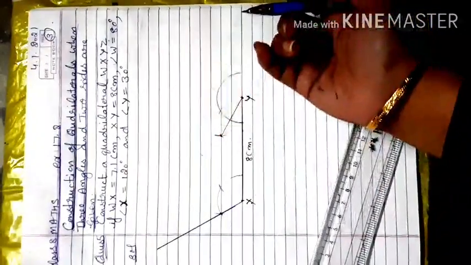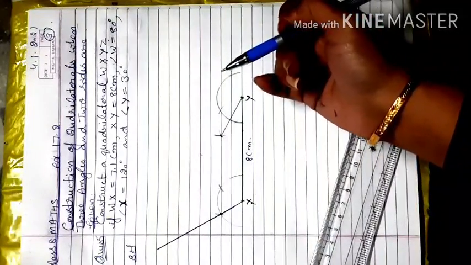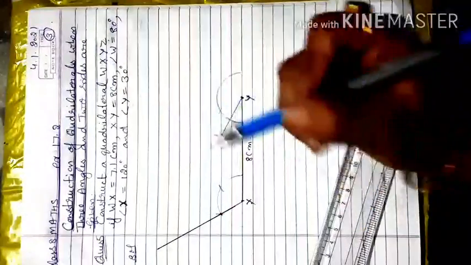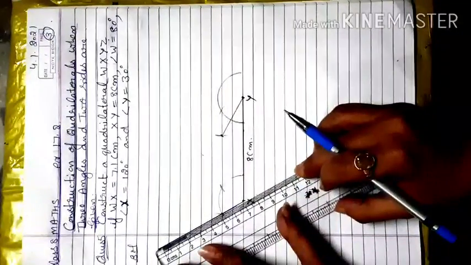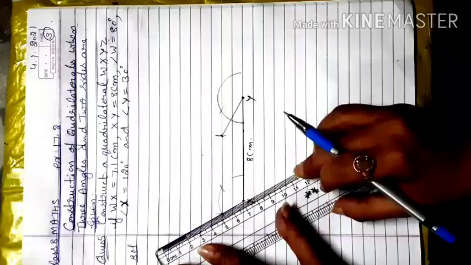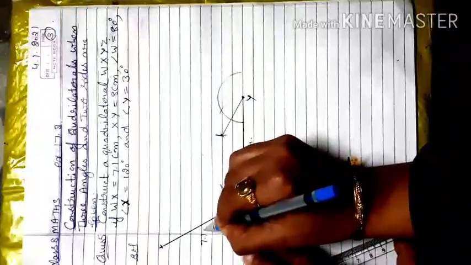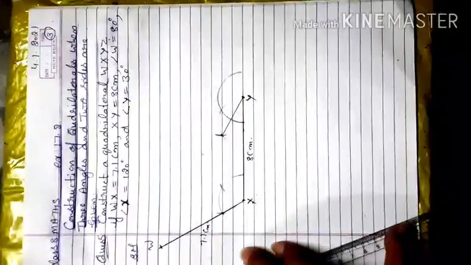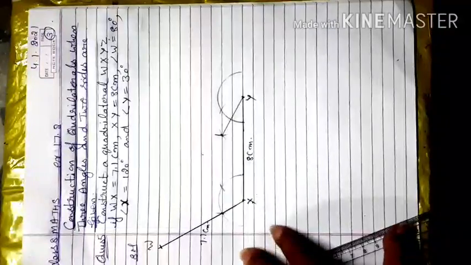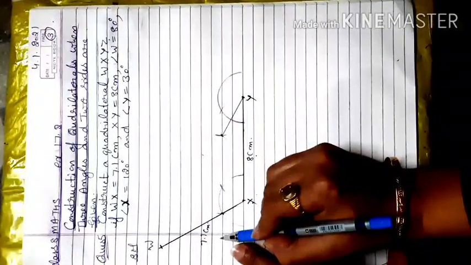I don't have the YZ length, but I have WX, that is 7.1. So on this line I will mark 7.1. At 7.1 distance I mark a point, so this is 7.1 centimeter, that is WX, because the WX length is given as 7.1, and XY is given as 8 centimeter.